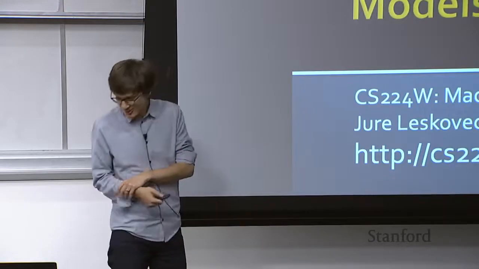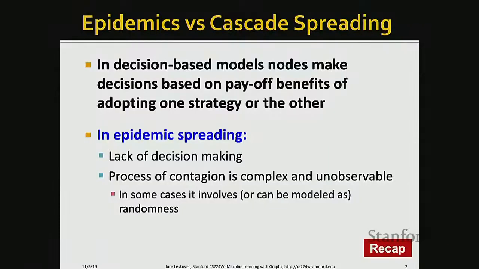Okay, great. So probabilistic models. Last time we talked about decision-based models where nodes in the network decide consciously and rationally, based on payoffs, whether to adopt a given behavior or not.